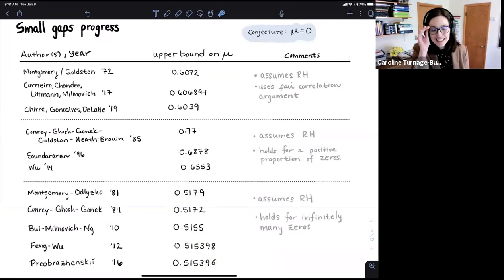Okay, so when you look at these results, I feel like there are some natural thoughts that people might be having. One might be, what's going on with the 0.5 stuff? And you might also be wondering, why are people trying so hard and getting these small results?